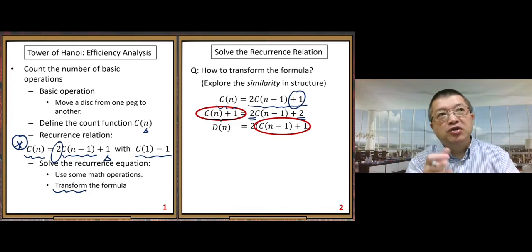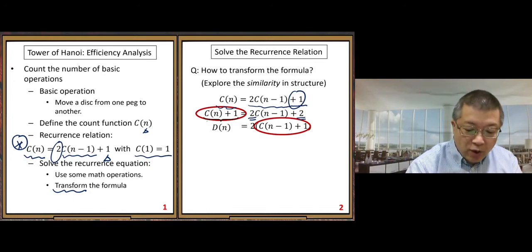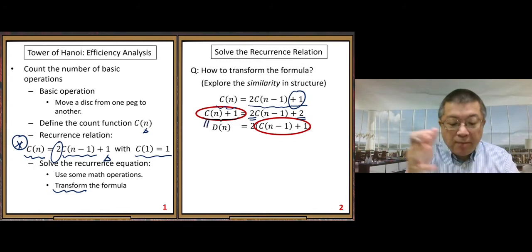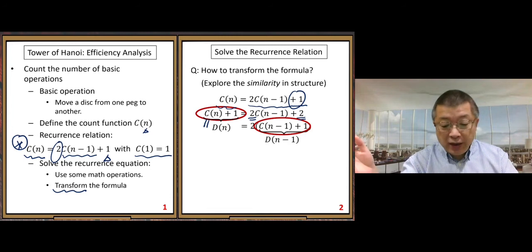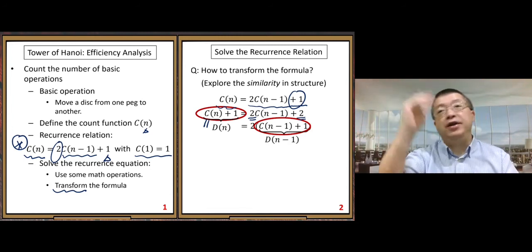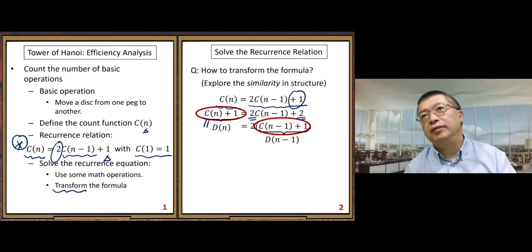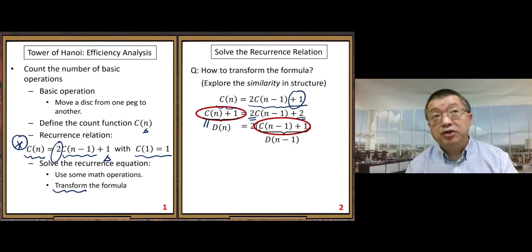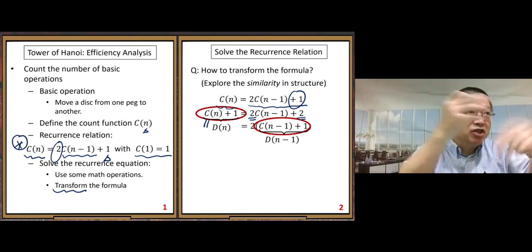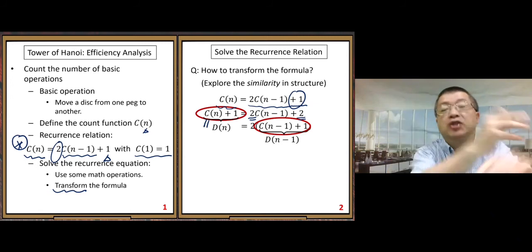Let us introduce a new function D of n, which represents C of n plus 1. Then at the right hand side, in the parentheses, that is D of n minus 1. Both are in the D function. Why can we use the D function to represent both expressions? That's the reason we need the structure similarity.